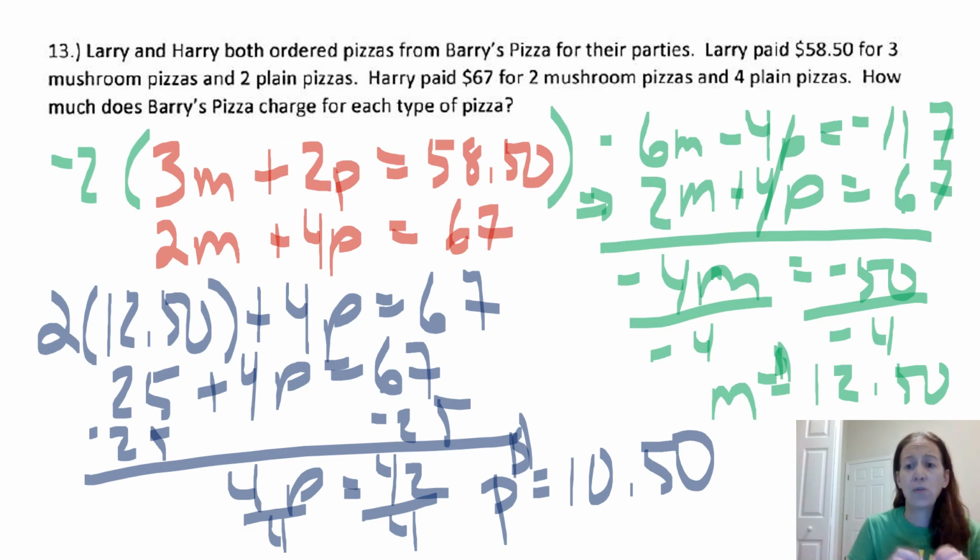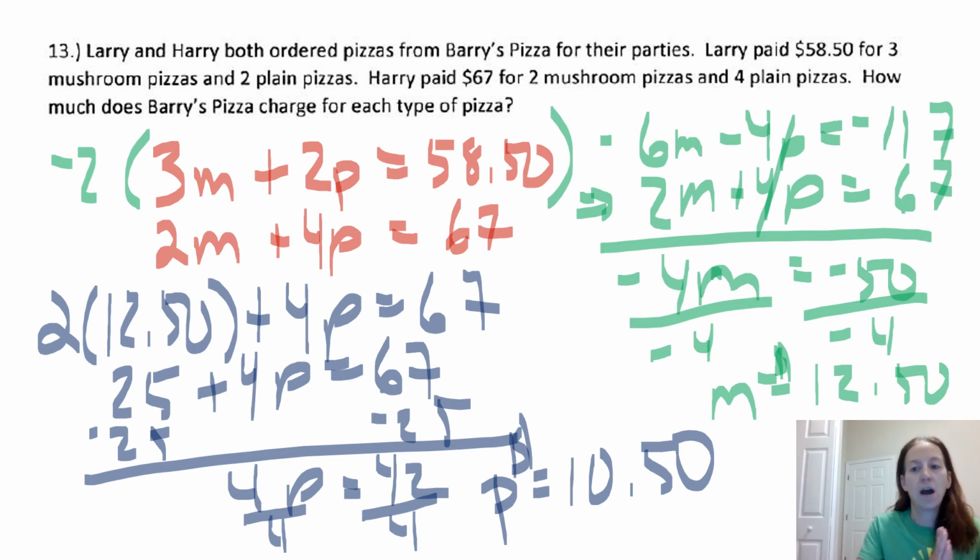So if, let's say, this only asks for the price of the mushroom pizza, then we did not have to do the whole blue section because we would have answered the question after the green section. So pay attention to what question you're being asked, because you don't want to do more work. If it just says, what's the cost of a mushroom pizza, and you get the $12.50, then you're done. You're just doing extra work at that point that you weren't asked for. So always read the questions.